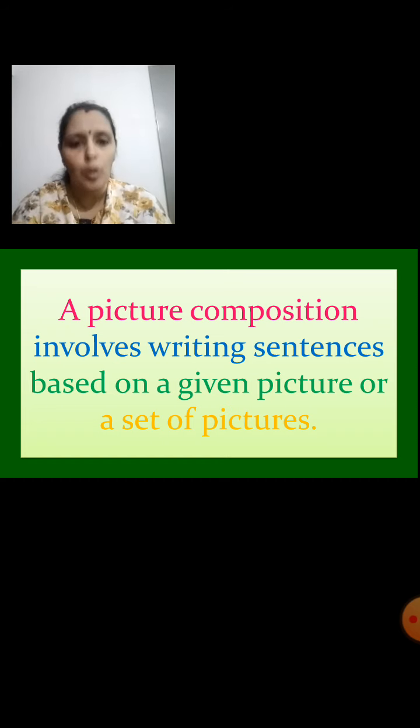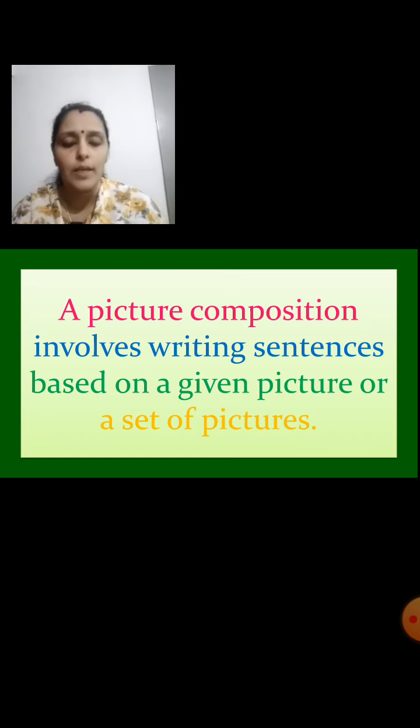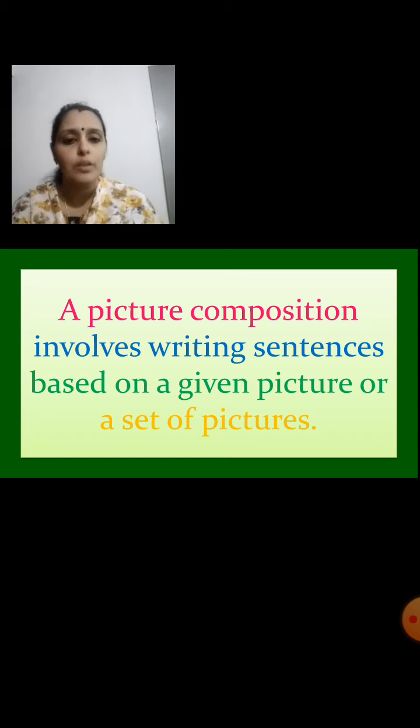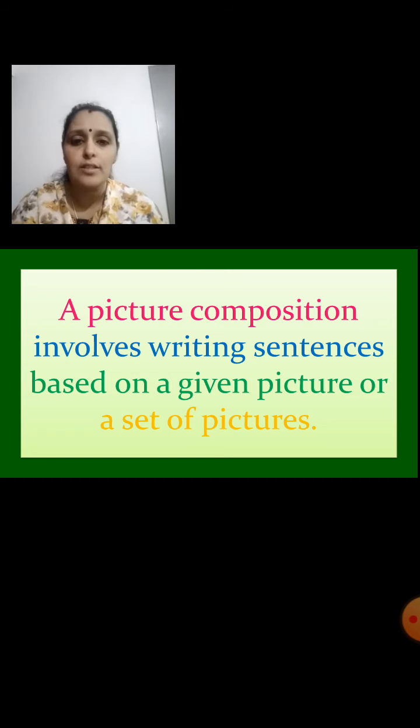That means you are given a picture or say two or three pictures, and seeing those pictures you can write sentences to form a composition. Yes.